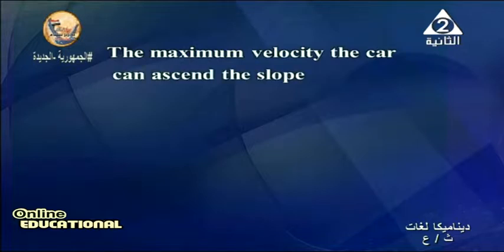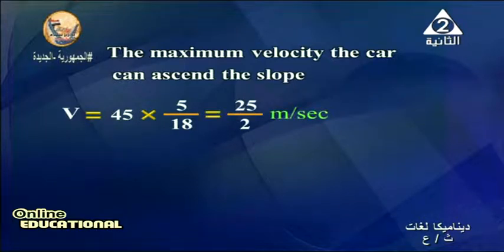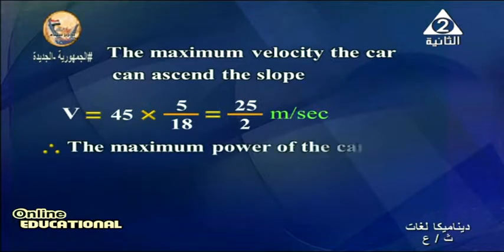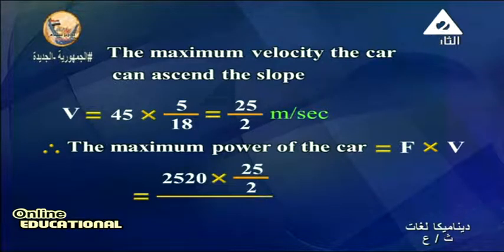What is the maximum velocity of the car when ascending the slope? Equal to 45 kilometer per hour. 45 kilometer per hour times 5 over 18 equals 25 over 2 meter per second. Then the maximum power of the car equals F times V, which equals 2520 times 25 over 2, divided by 75, equals 420 horse.